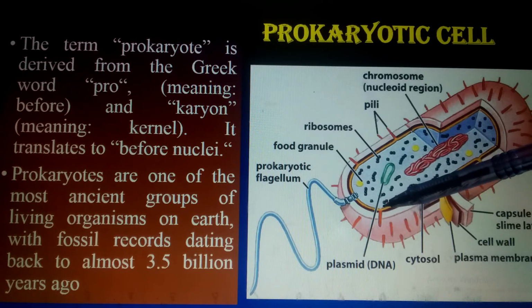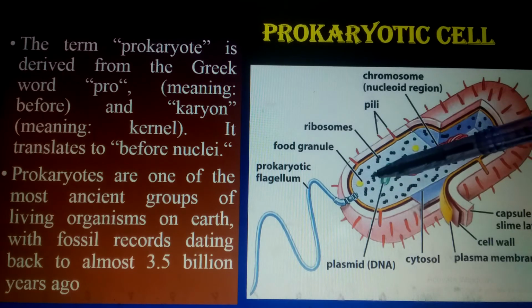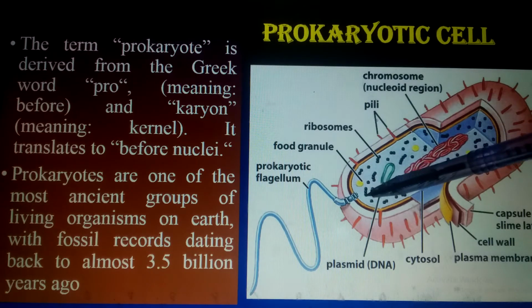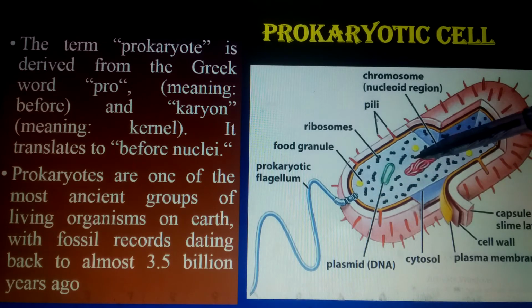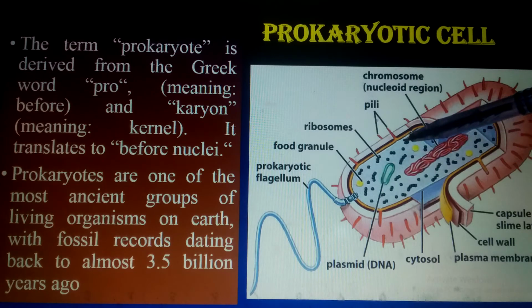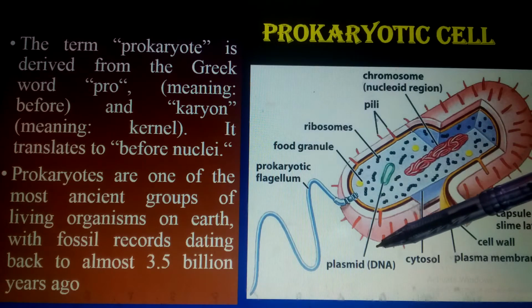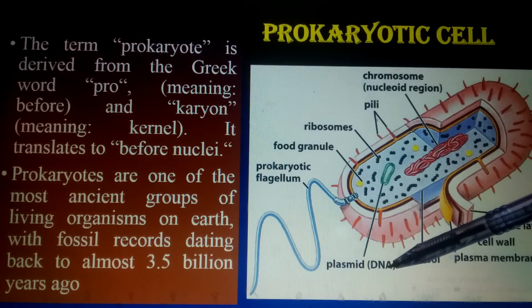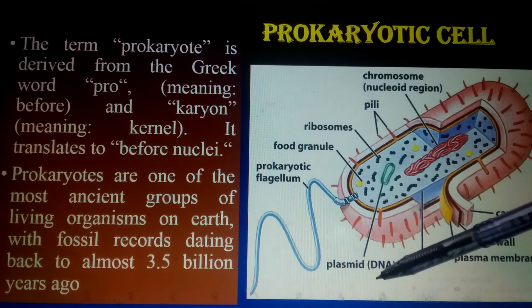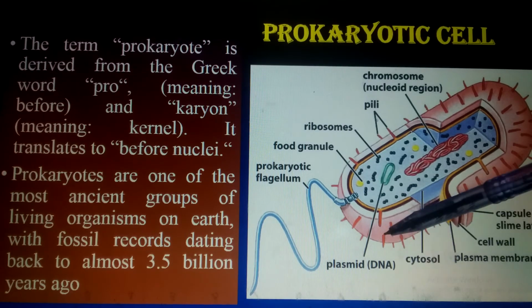You can also see the food granules. Food granules are present because bacteria don't have a digestive system and many other systems, so the simplest food granules are present and are digested with the help of enzymes. A very important structure is the plasmid, a circular strand, a circular ring of DNA.